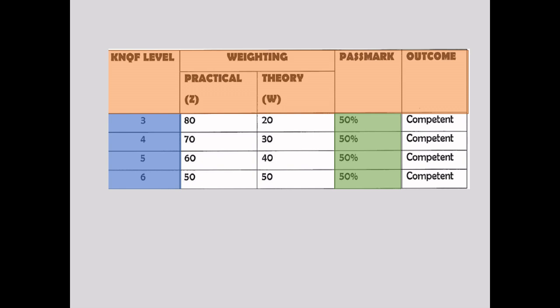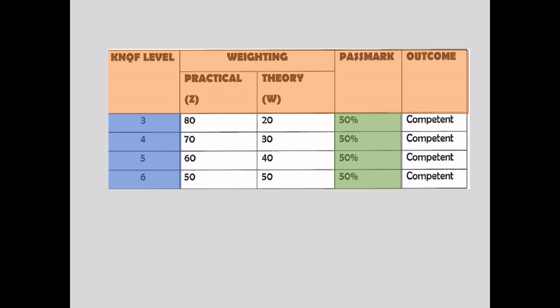According to Kenya National Qualification, level number 3, which is below artisan, for practical it is 80, and for theory it is 20. For level 4, which is equivalent to artisan, the practical carries a weighting of 70%, while the theory carries a weighting of 30.